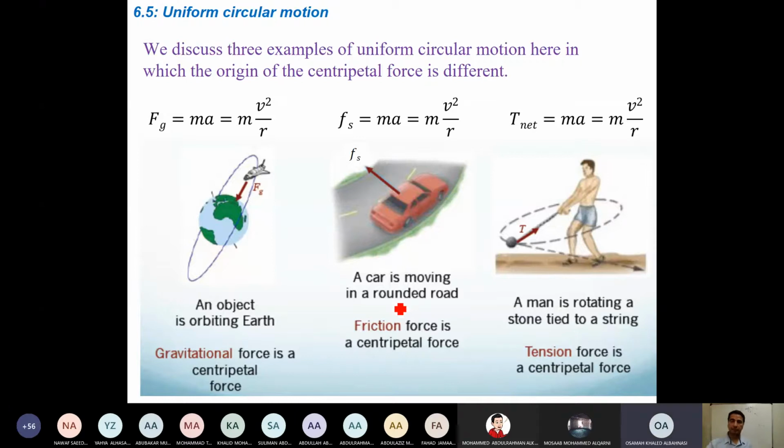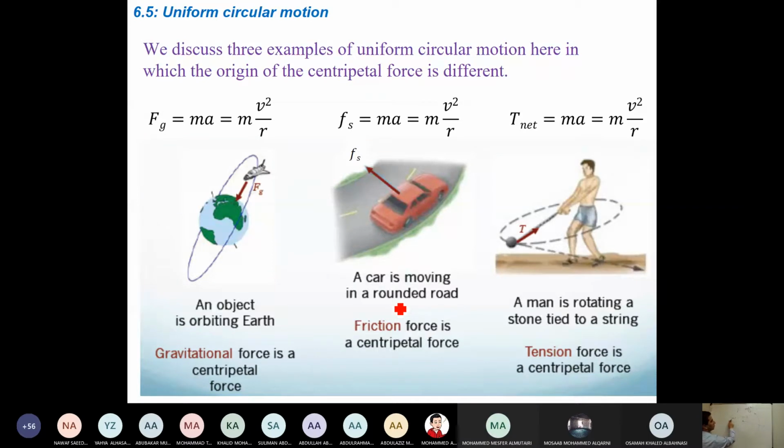Doctor, these do not represent the net force, right? All of them? Yes, this is mv squared by r here. This is in a way a net force, because by Newton's second law, we know that F net is equal to ma.